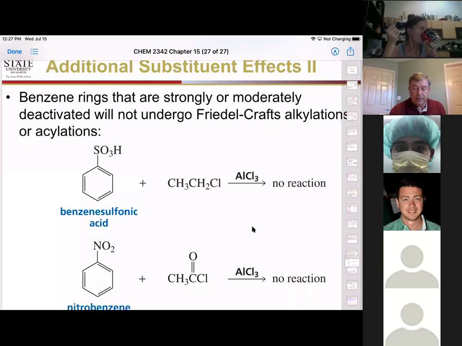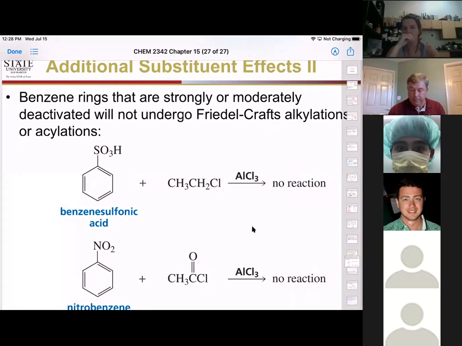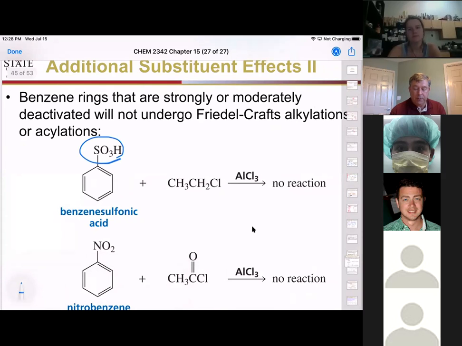So because of the sulfonation group right here, we have that positive charge on sulfur and this positive charge here. Those are strong enough deactivators to not allow for the attack of the Friedel-Crafts reagent.